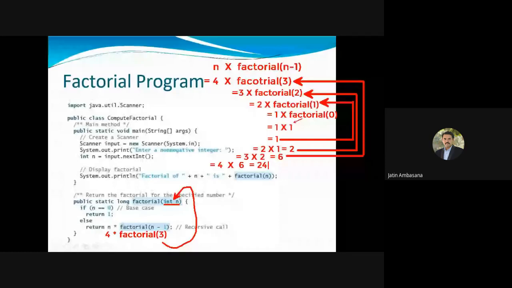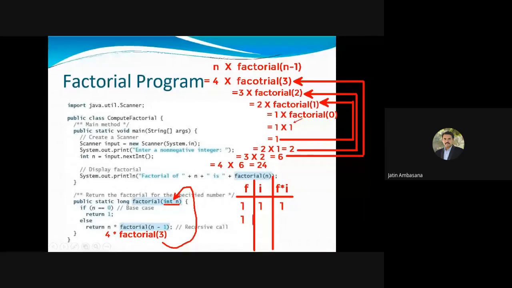If we see the last example, then f, i, and then f into i is there. You can say f cross i is there, right? So in this f, i and f into i, if we start with f as 1, i as 1, so f into i is 1, then this is 1, this is 2, so this becomes 2.